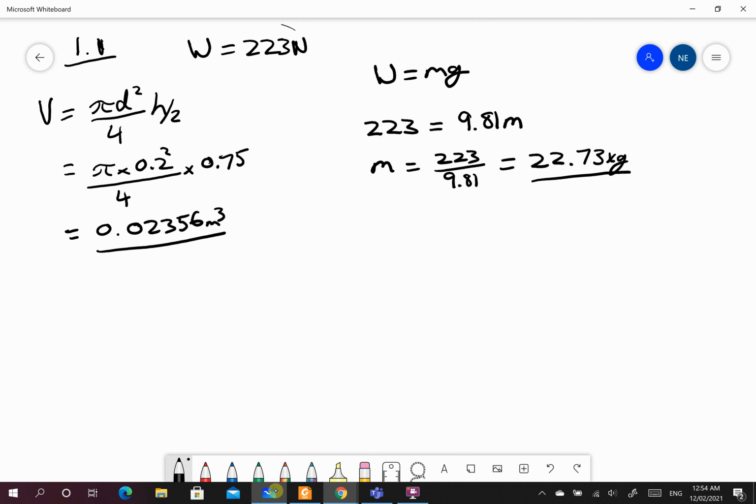Now, I hope you all remember the formula, that rho is equal to the mass over the volume.